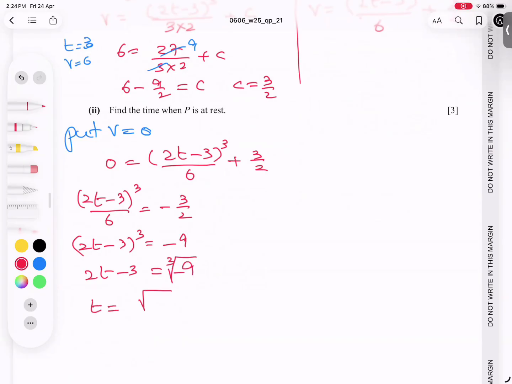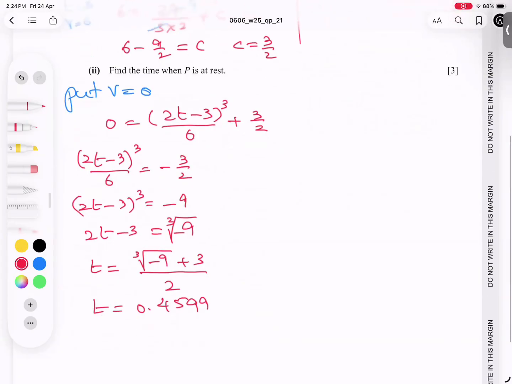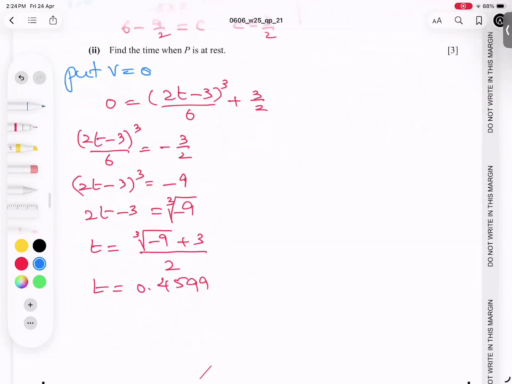So t equals the cube root of -9 plus 3, divided by 2. When you type this in the calculator, it gives 0.4599. But we are always bound to write 3 significant figures, so we can write time is equal to 0.46. This 0 you can write or not, no problem at all.